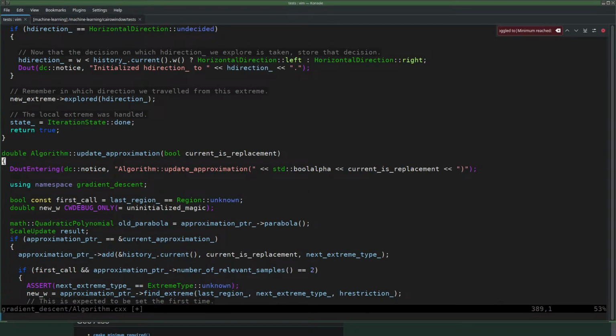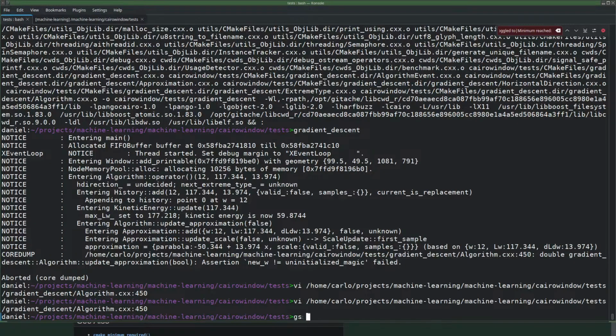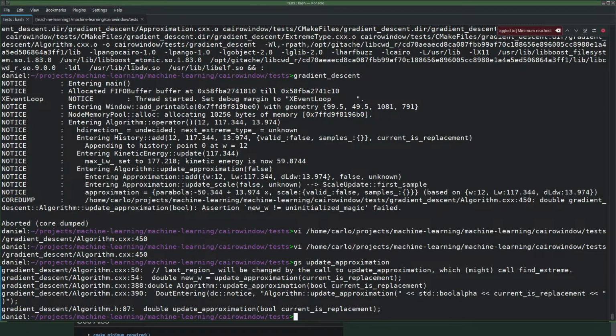But I have to test update approximation. At least, I mean, update approximation. So what that is being called. Gradient descend algorithm.